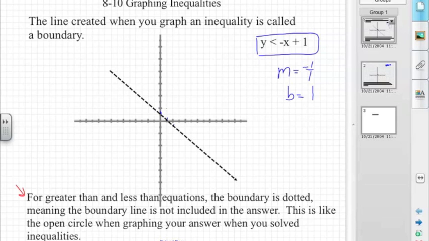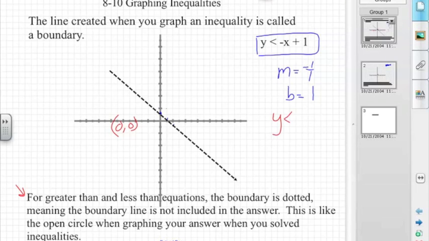So now that we have our dotted line, we have to figure out what information works. We have to pick a point and find out if it works. My favorite point is the origin, 0, 0. It's always safe to pick the origin. So we're going to take the coordinates 0, 0, and we're going to try them in our equation.